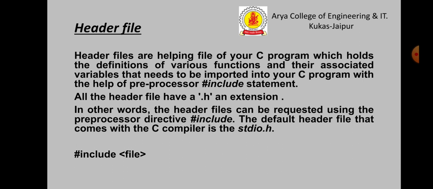Header files contain various function definitions and are imported into your C program with the help of a preprocessor. Import means the files and the functions that are included in the header file are included in our program.